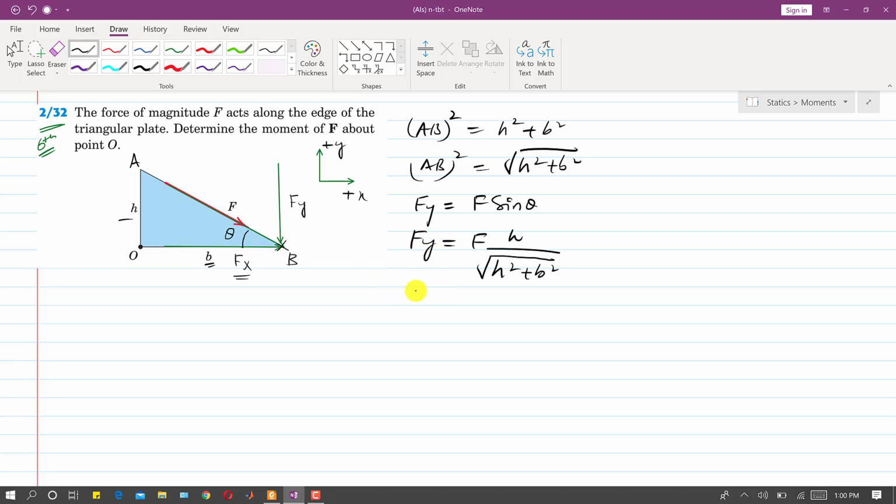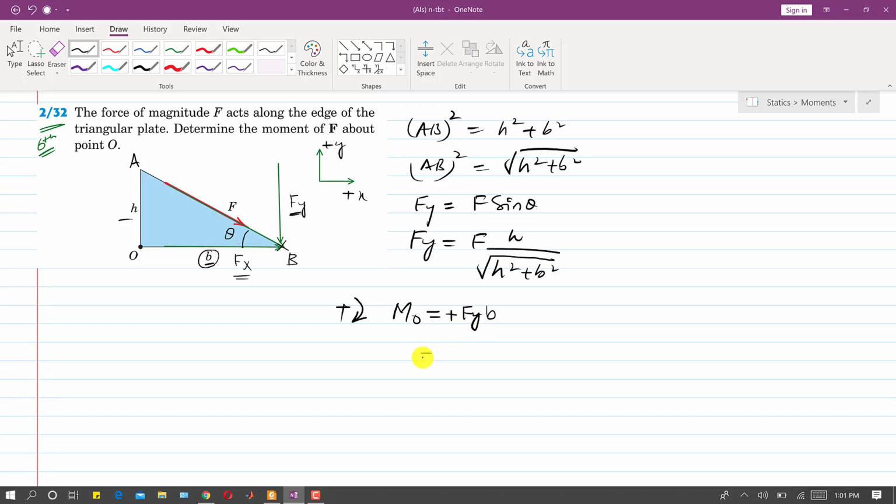Now we need to find the moment about O. Let's assume that the clockwise direction is the positive direction. Then the moment about O will be equal to F_y into the perpendicular distance, and the perpendicular distance from O is this b, right? So I will write F_y into b, and as we see this F_y is producing a clockwise moment, so this will be positive, right?